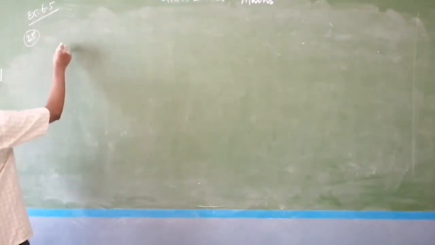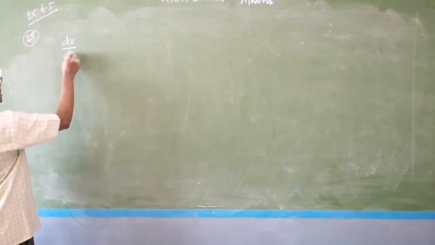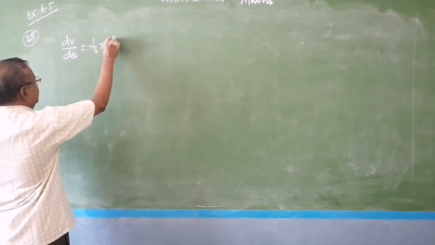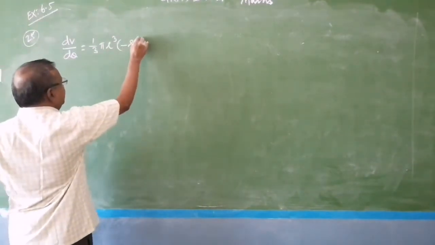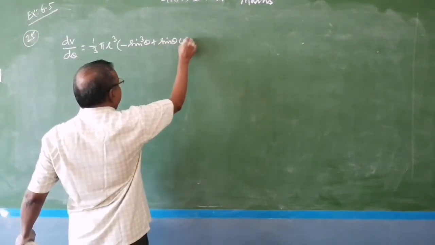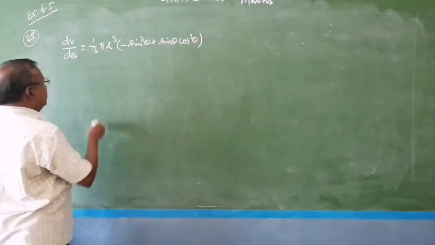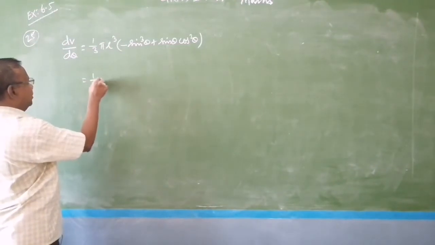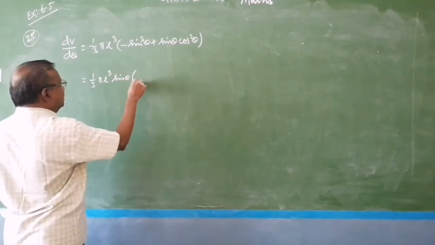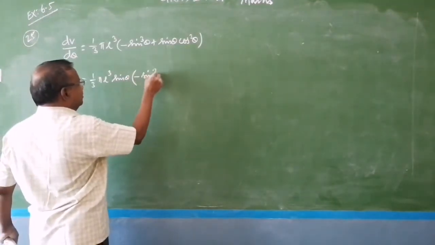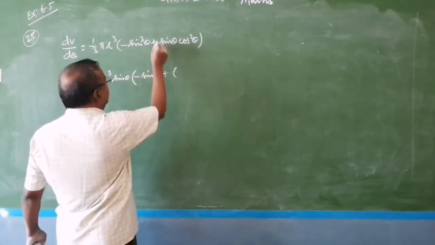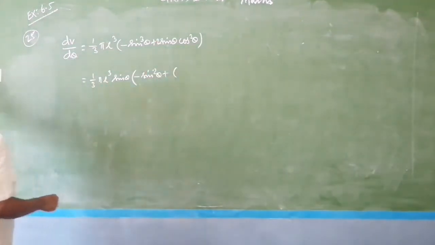Now dV by d theta equals 1 by 3 pi l cube into minus sin cube theta plus 2 sin theta cos square theta. We can take sin theta as common: 1 by 3 pi l cube sin theta into minus sin square theta plus 2 cos square theta.